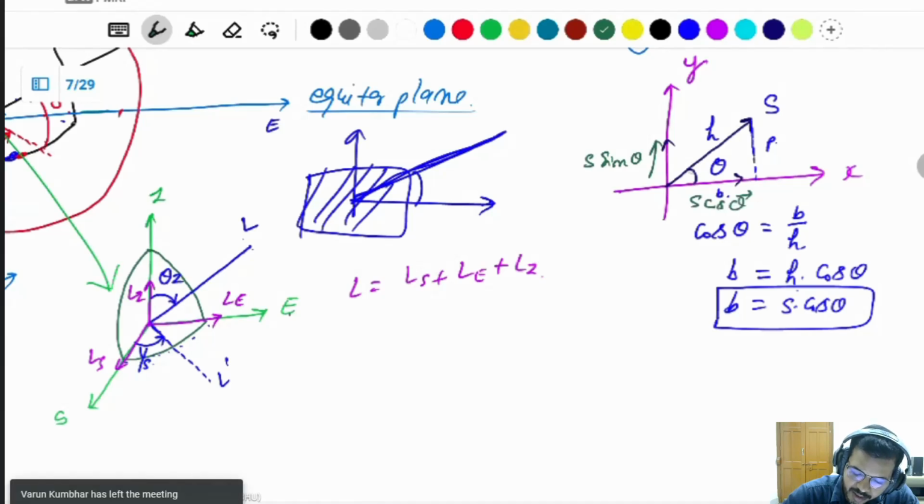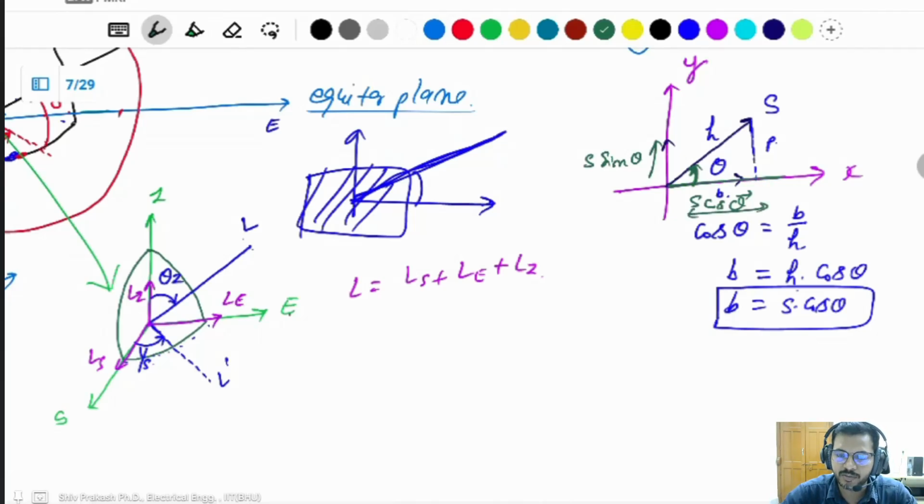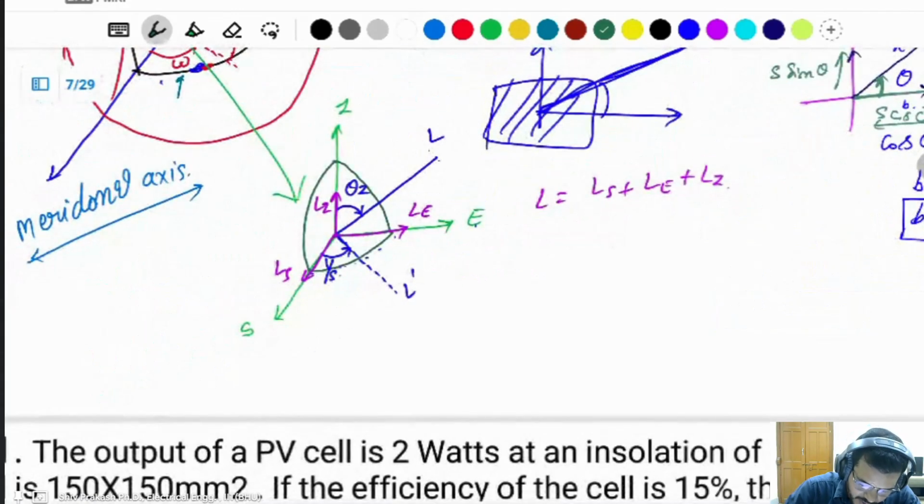Where the angle is placed, that axis is estimated from the cos theta. Then the opposite of this one will be sin theta. Same thing, you can say Ls makes the same angle from the south axis. Then what is the Ls?